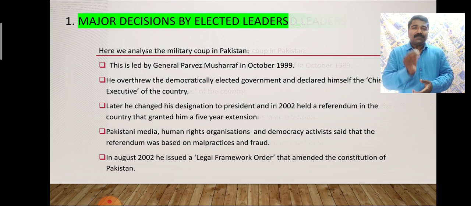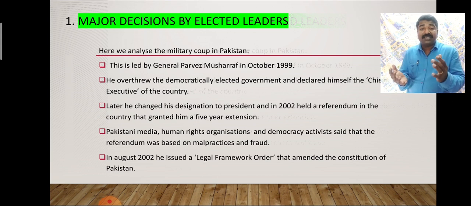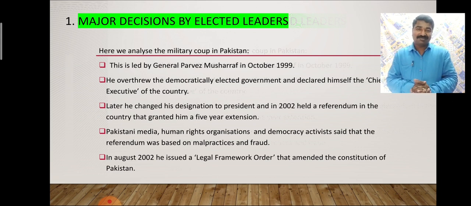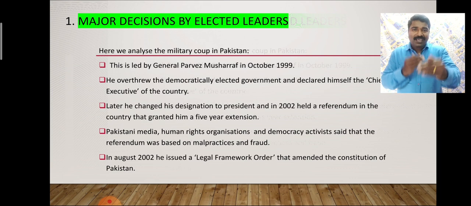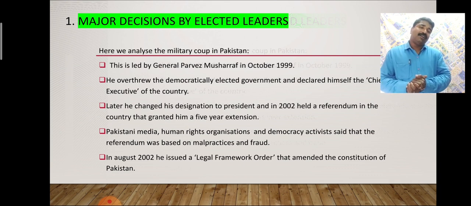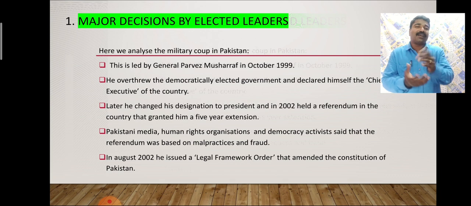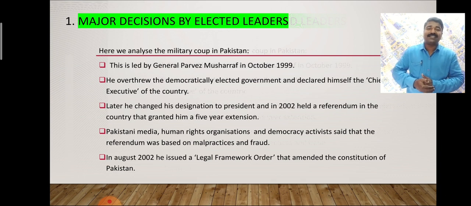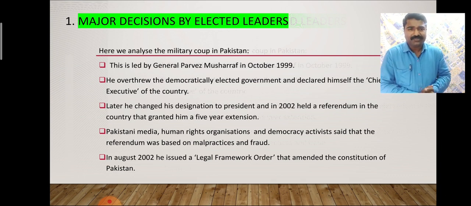Even though he extended his rule, it was only through malpractices, not by the actual will of the people; he manipulated the referendum. That was the argument raised by the Pakistani media, human rights organizations and democracy activists.